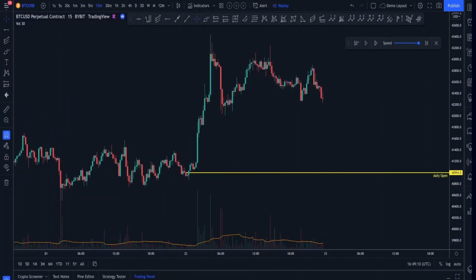Now let's have a look at a practical example of the open drive type. Here we have the BTC-USD pair on Bybit on the 50-minute time frame. As we can observe, the daily open is here.